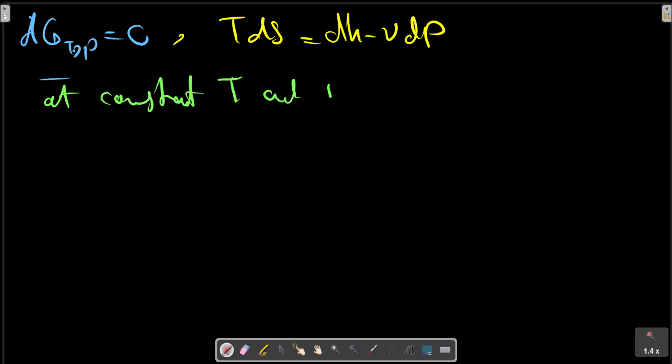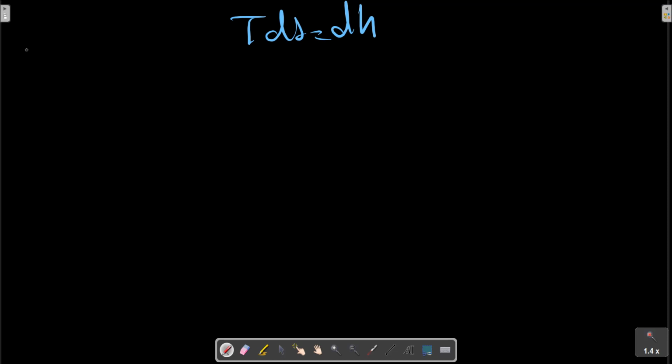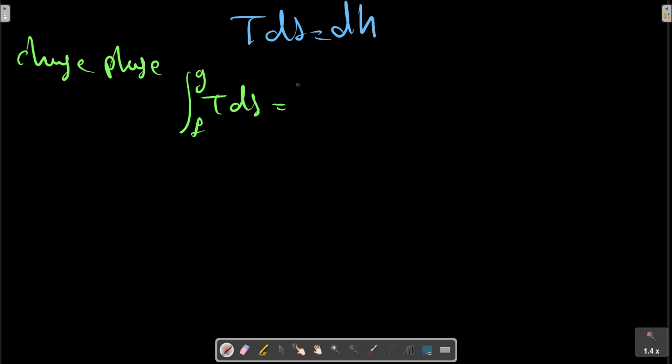At constant T and P, we have this relation: T ds equals dh. We make an integration from one phase to the other, from liquid to gas: T ds equals dh, giving T (sg minus sf).